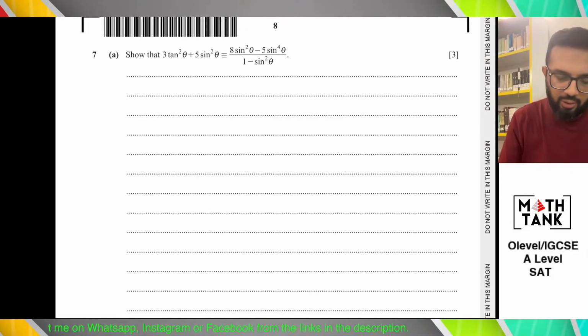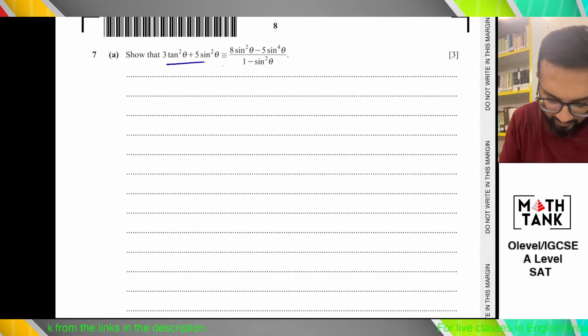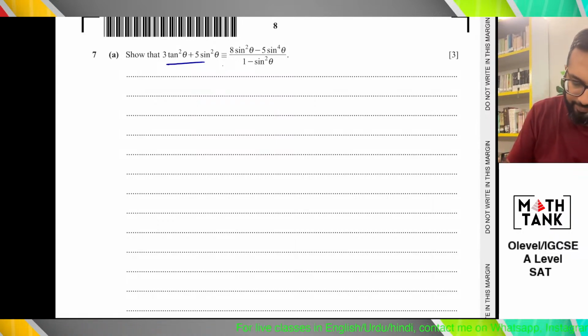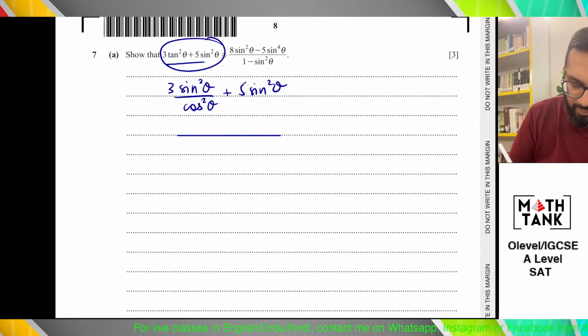Question number 7 is trigonometry. Show that this is identical to that. It's best if I use this because I see an easy identity being used here. So I can take a common denominator and say cos square theta is the common.